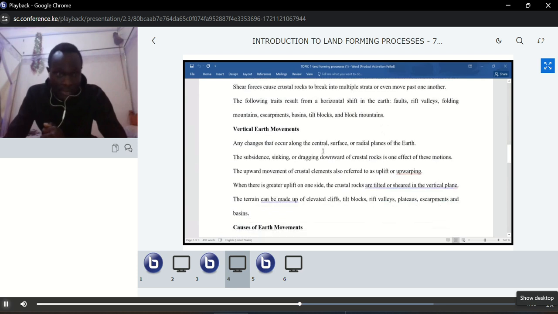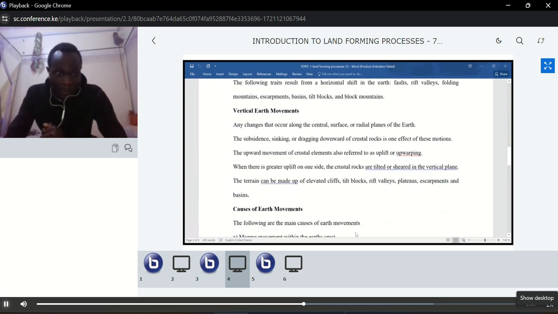Now we are going to discuss the vertical Earth movements. Vertical Earth movements involve any change that occurs along the central surface or radial planes of the Earth. Subsidence, the sinking or dragging downward of crustal rocks, is one effect of these motions.